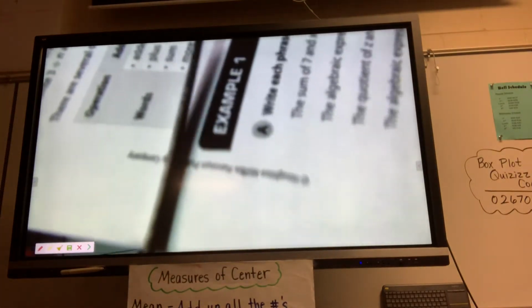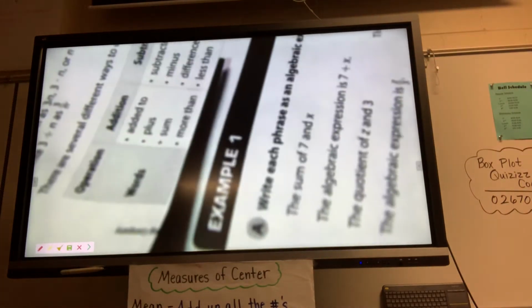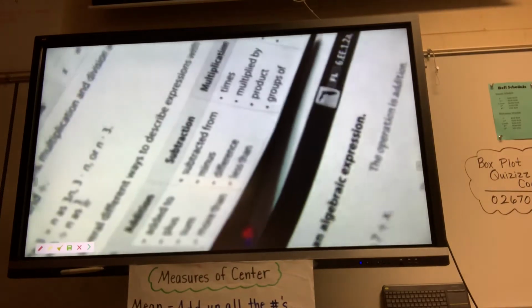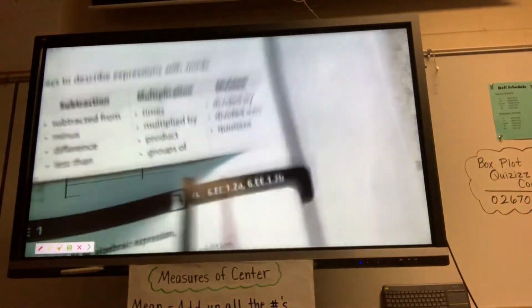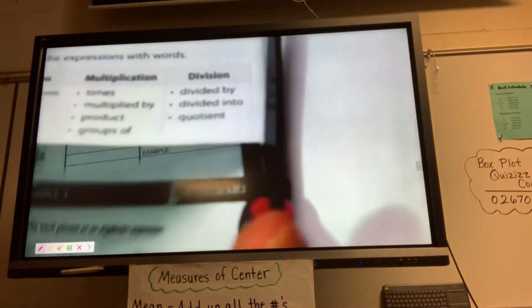So on 261, that chart, I want you to cut it out.